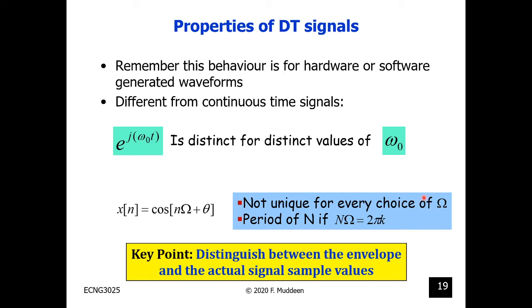But as we try to modify this capital omega, being discretized time frequency, it's not going to be unique for every choice of this discretized time frequency. And the discretized period n needs to satisfy n omega equal to 2 pi k, and we saw that k needs to be a rational number or an integer in order for this to be satisfied in the previous slides.